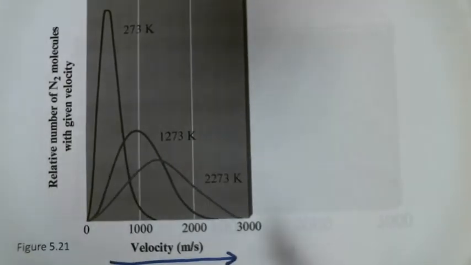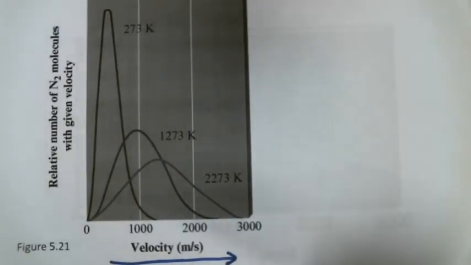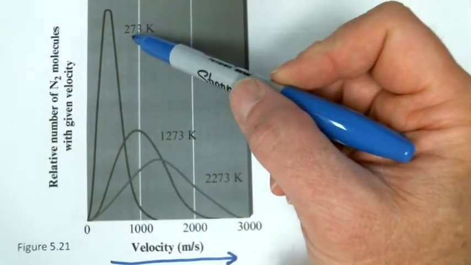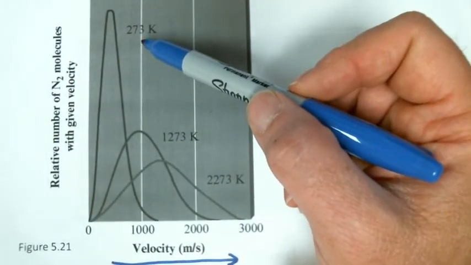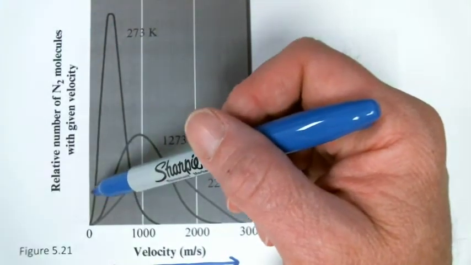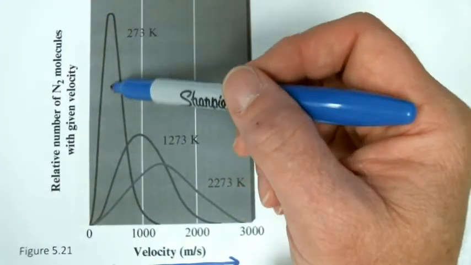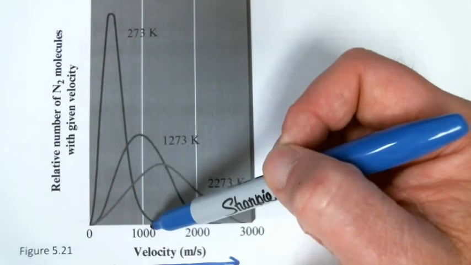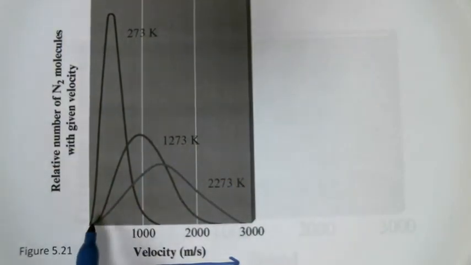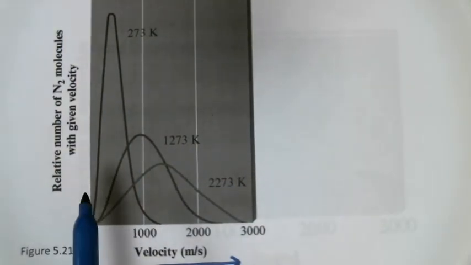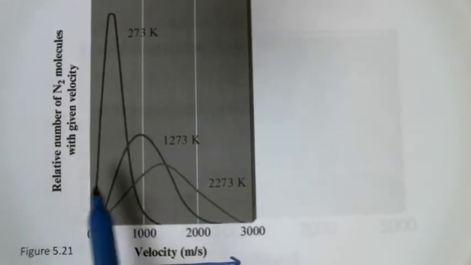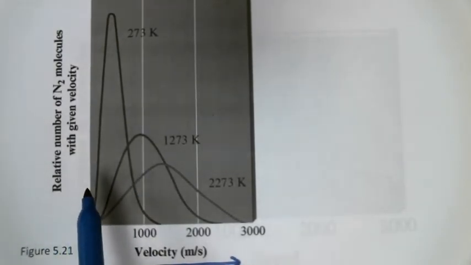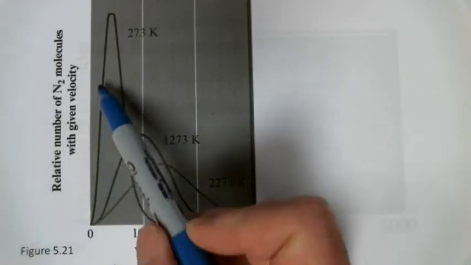So at any temperature, we were talking about the average kinetic energy, right? There's a distribution. So at 273 Kelvin, which is our STP temperature, you can see there's almost a normal distribution of velocities. And remember, they're colliding all the time, so they're transferring kinetic energy back and forth when they collide. But this would be a distribution of it.